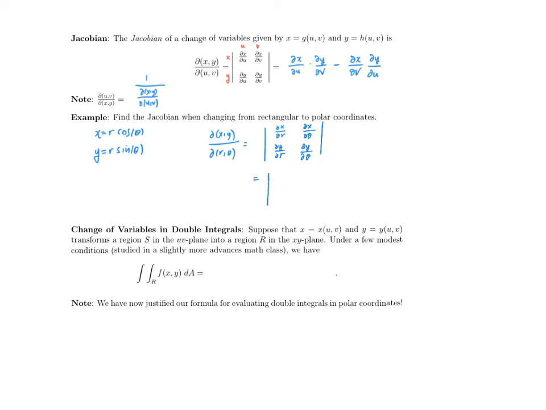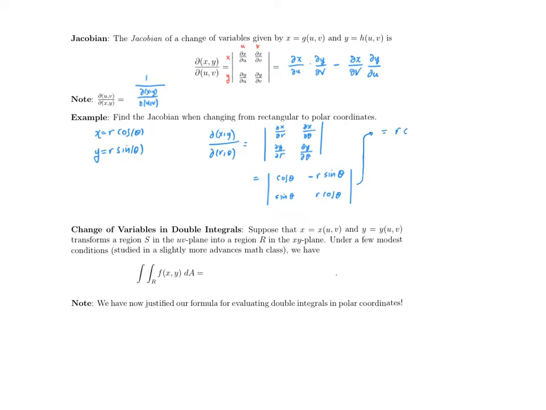And these are nice, quick partial derivatives for us to calculate. The partial derivative of x with respect to r is cosine theta. The partial derivative of x with respect to theta would be minus r sine theta. Similarly, for y, we have sine theta and r cosine theta. So that the Jacobian would be the 2 by 2 determinant.